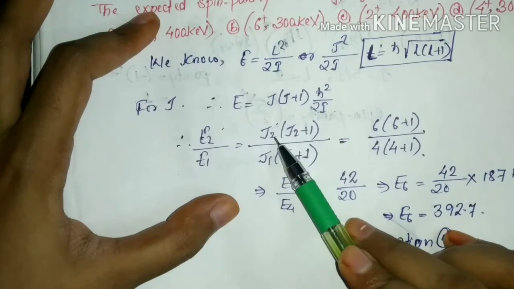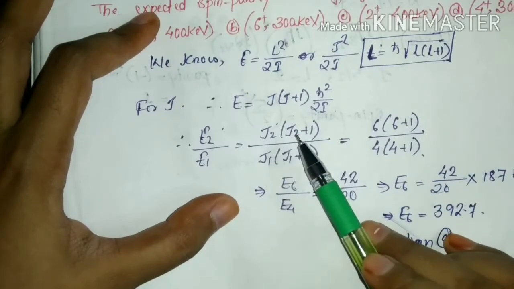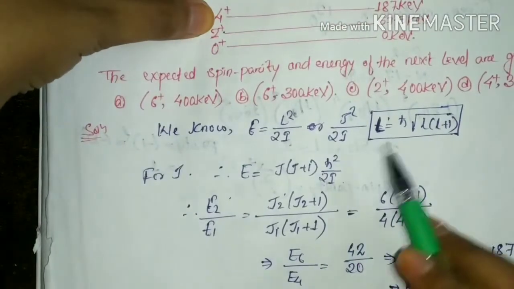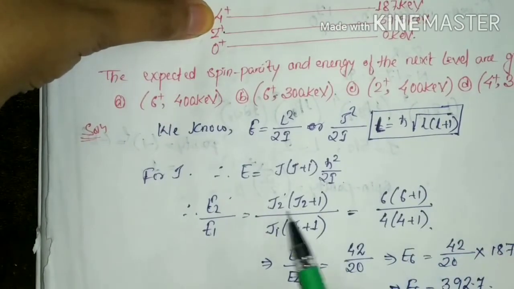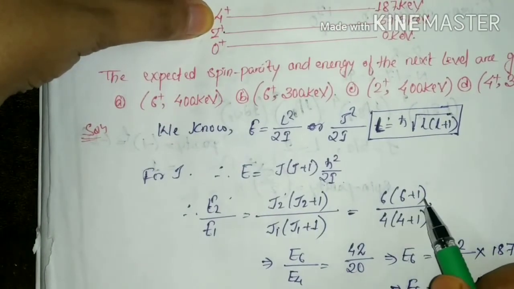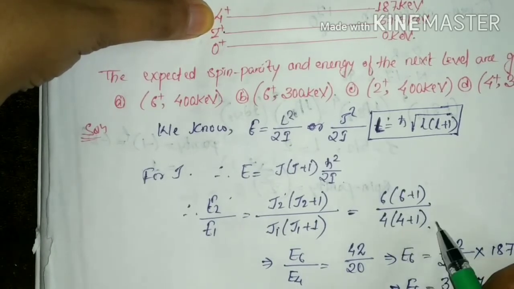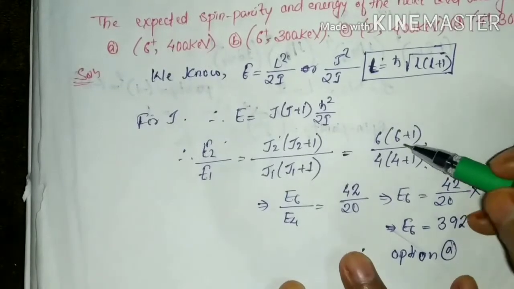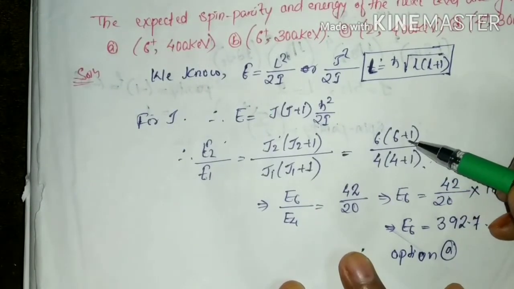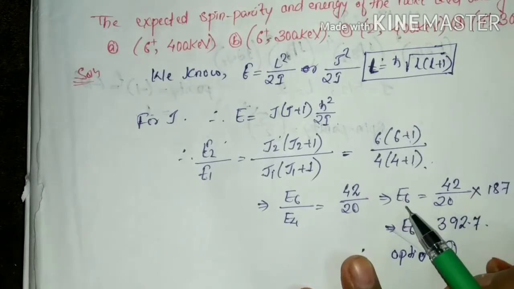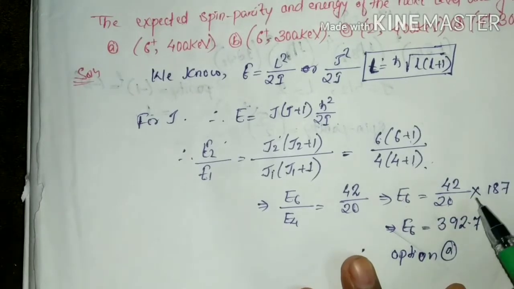For E6, the value of J, the spin, is 6 into 6 plus 1, and for E4 the spin is 4 into 4 plus 1. On the right hand side you will have 6 into 7, which is 42, and 4 into 5, which is 20. Now E6 equals 42 by 20 times E4.